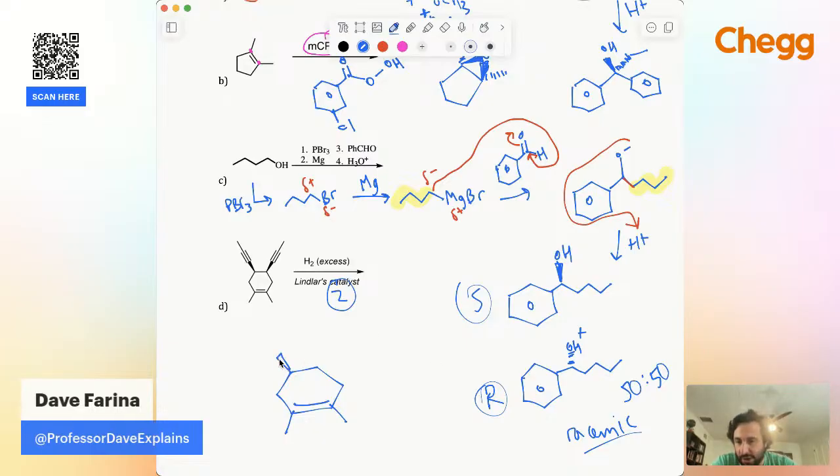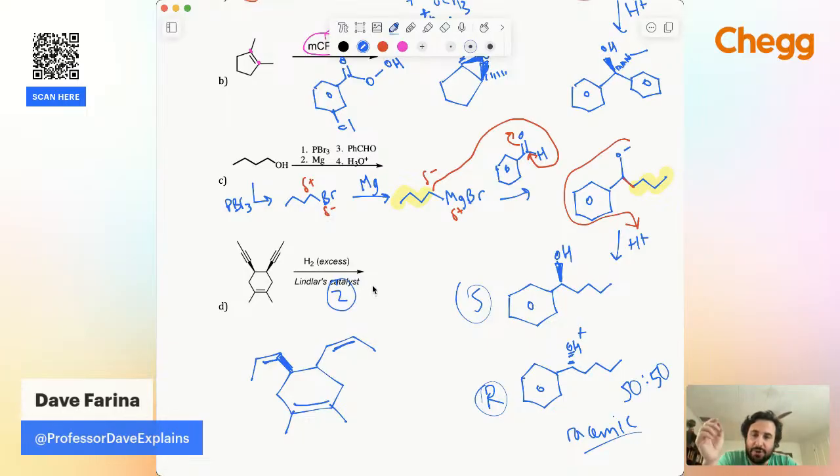Okay, so we're going to go up here. And now we have 2 more carbons. Z alkene. Okay, so Lindlar's catalyst is the way to go. We're going to stop at the Z alkene, so that prevents us from going all the way to the alkane.